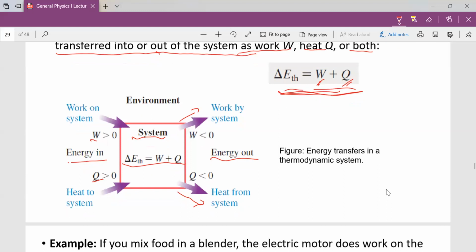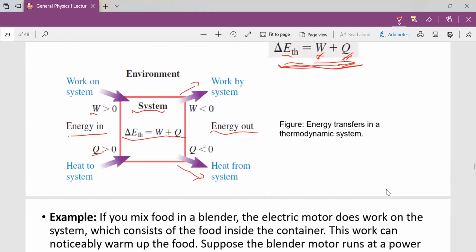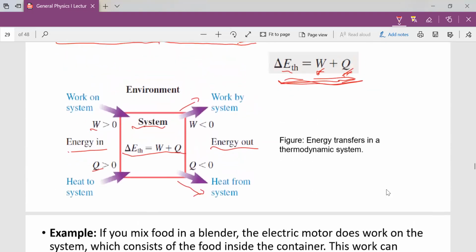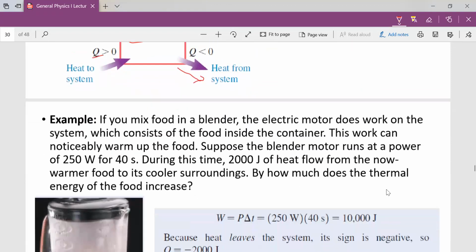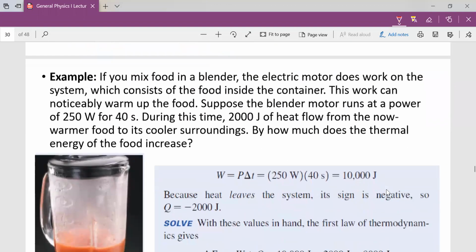We didn't have to define the parameters one after the other here because we already have the definition of these parameters. You know what this is, thermal energy, you know what this is, the work, and you know what that is, the heat. Okay. So let's see an example to drive home the point about the first law.